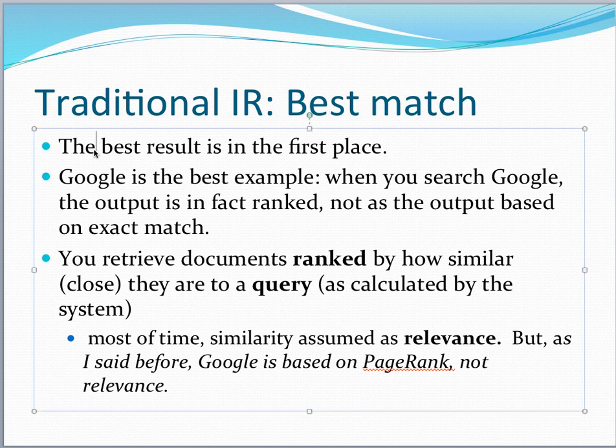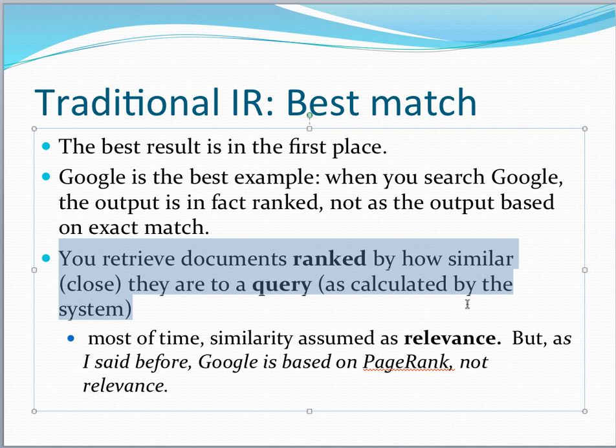Okay, we're going to see the best match in the first place. Google is the best example. When you search Google, the output is in fact ranked, not as the output based on exact match. You retrieve documents ranked, and here's the clue: by how similar they are to the query. And of course, this is calculated by this algorithm, by this formula, by the system.